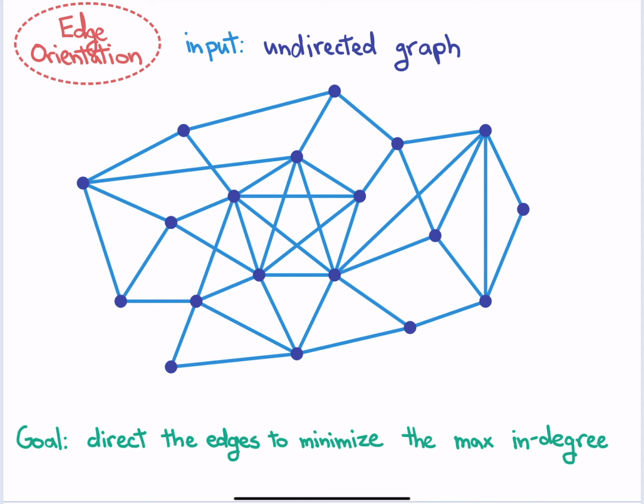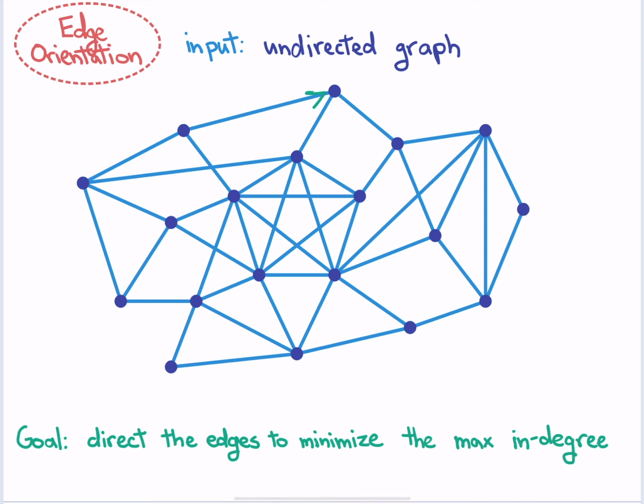All right, here's a fun one. Edge orientation. In edge orientation, you're given an undirected graph, and your goal is to direct all the edges. So for every edge, I'm going to pick a direction.